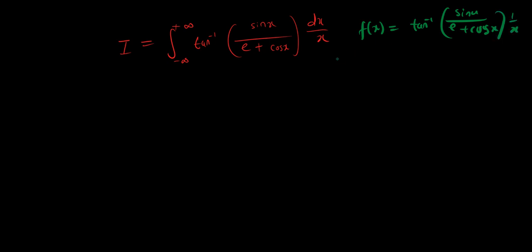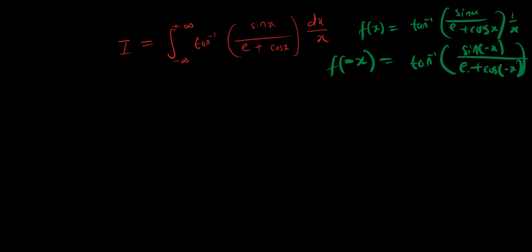Now let's say f of negative x would be tan inverse of sine of negative x divided by e plus cosine of negative x. Then you multiply this by negative 1 over x, because this x here would be negative.